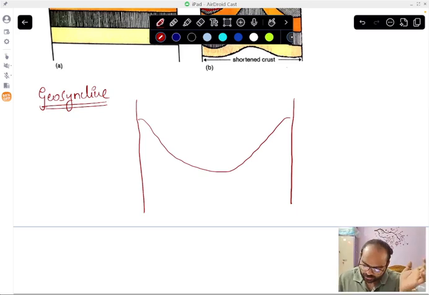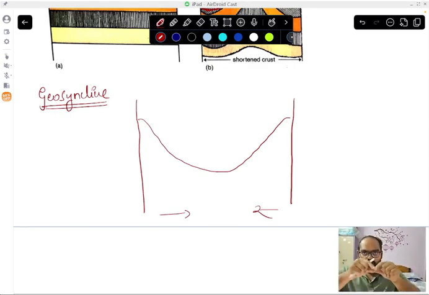The width is very narrow, and they are long. They are narrow, but they are lengthy in nature.